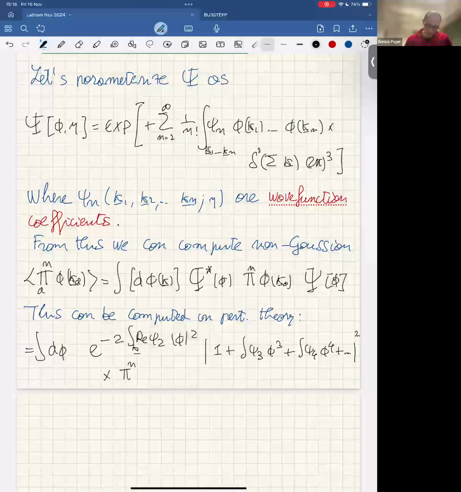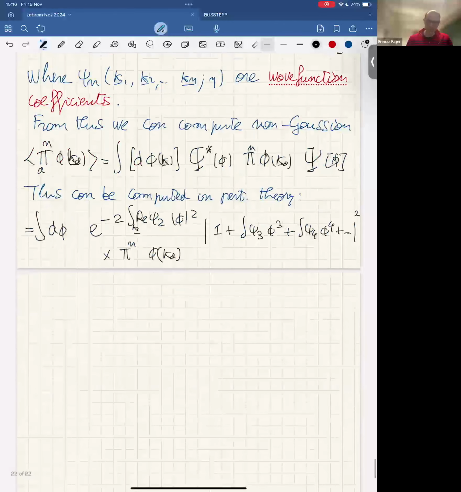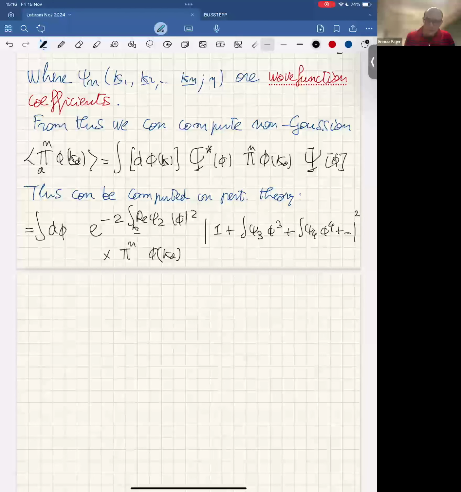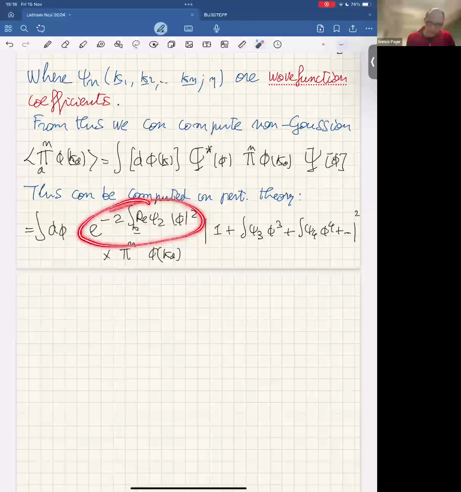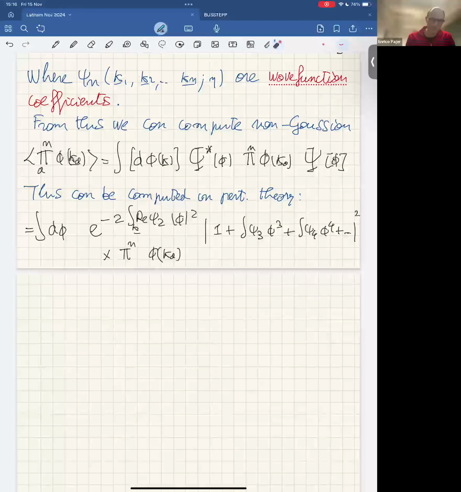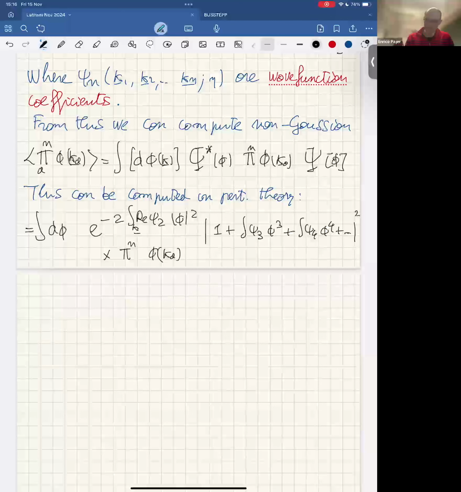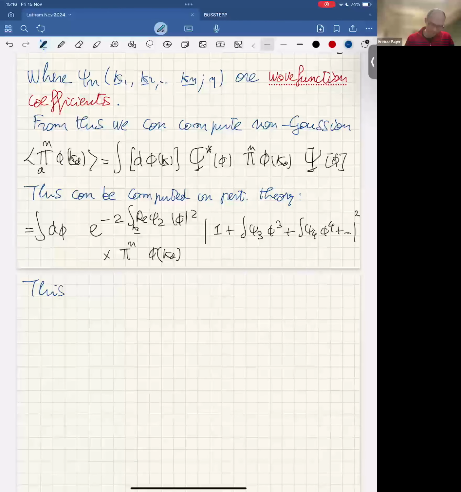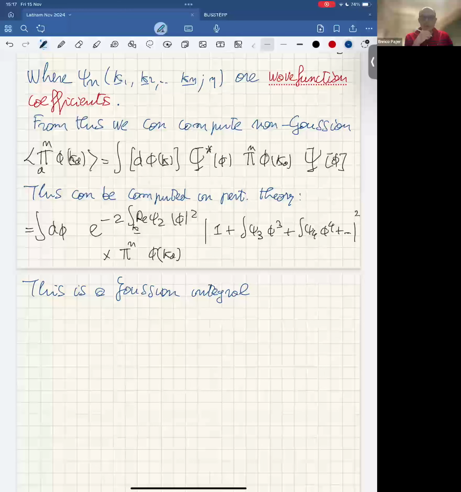And then I will still have the product of the fields whose correlation function I'm computing. Now you can see this is, again, a Gaussian integral of phi to many different powers. And we know how to perform all those Gaussian integrals of phi to any powers. Just a standard formula of Gaussian integrals. In some sense, this can be performed by doing Wick contractions and writing phi to the n as the 2-point function to the appropriate power.